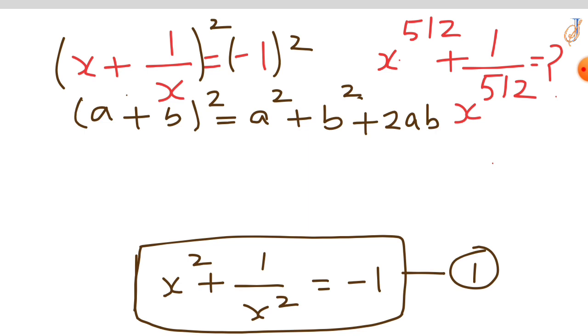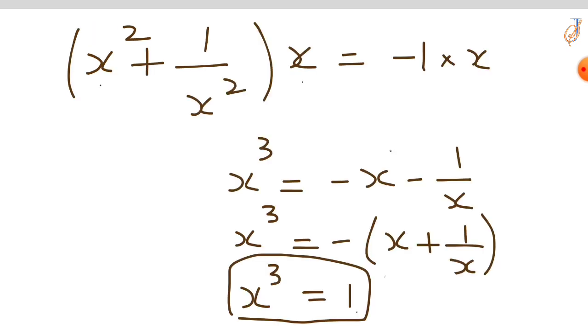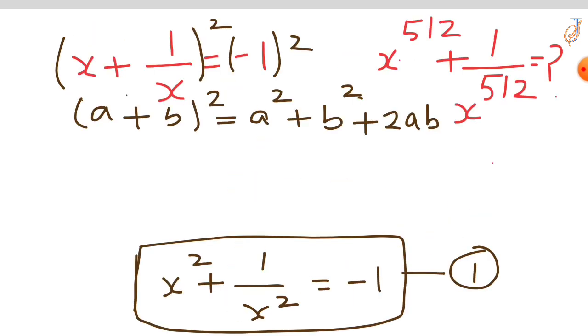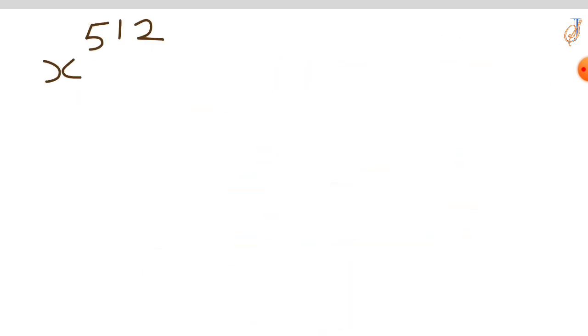Now observe the question. We have x raised to the power of 512. If we convert 512 in terms of 2 and 3, that is easy for us, because we know the x power 3 value and the x power 2 value. So first observe the number 512.